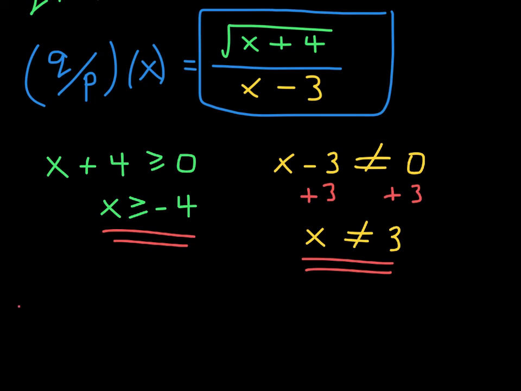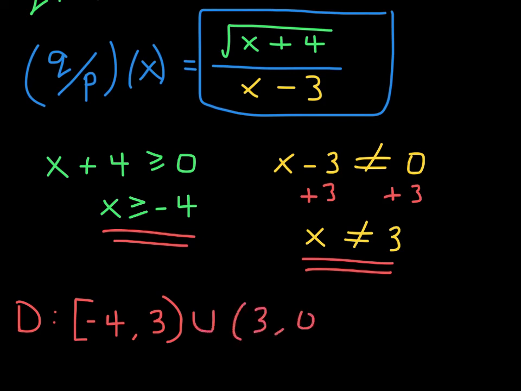So with those two statements together, we're saying that the domain is from negative 4 and anything larger than it, except at 3 you must exclude 3, so I put a parenthesis, union from 3 to positive infinity. So the domain of this function would be any real number greater than or equal to negative 4, excluding 3.